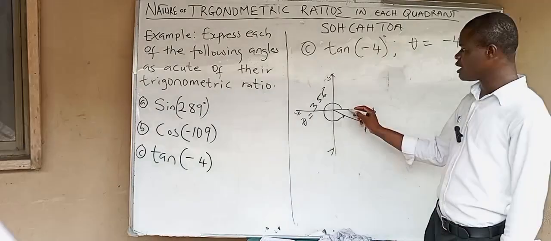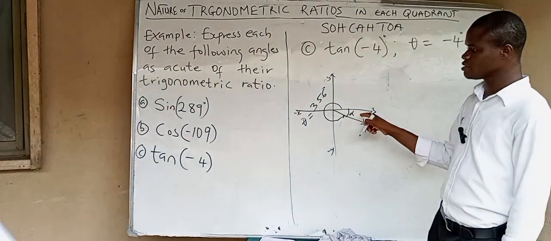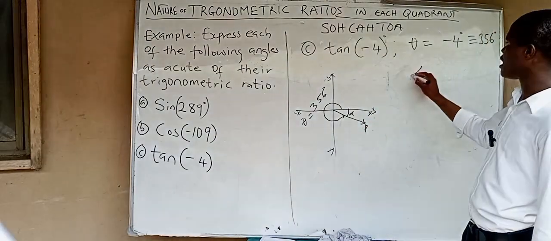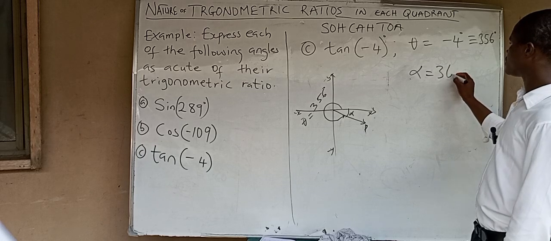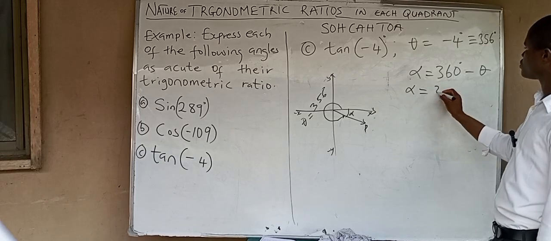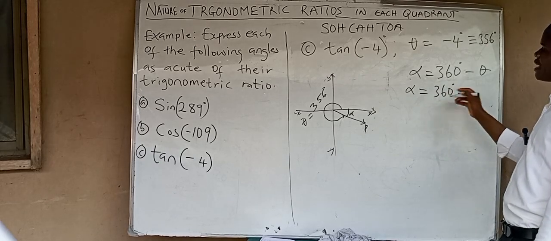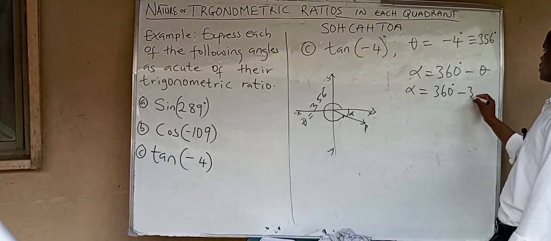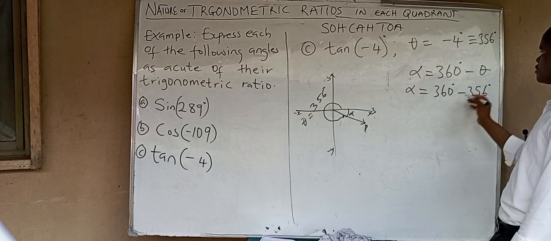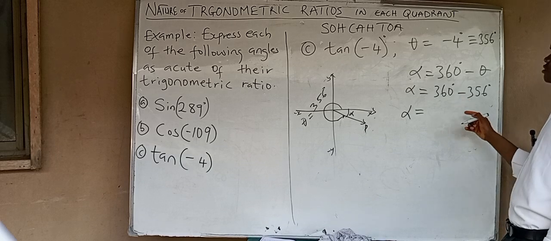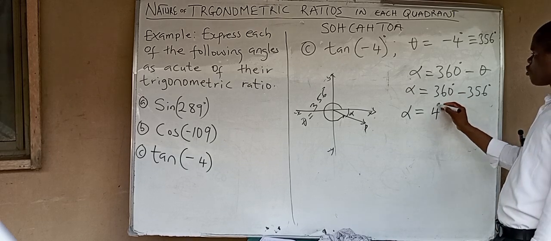This is our P. Our interest is the angle made with the horizontal. For the fourth quadrant, the formula remains alpha is equal to 360 degrees minus theta. Theta is 356 degrees. So alpha is equal to 360 minus 356, which gives us 4 degrees.